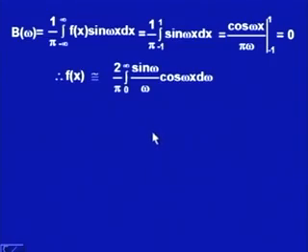The theorem says that at all points of continuity, the value of the function is the same as the value of this integral, and at a point of discontinuity it is the average of the left hand and right hand limits. The function, if you remember, is 1 in the interval minus 1 to plus 1 and 0 otherwise.